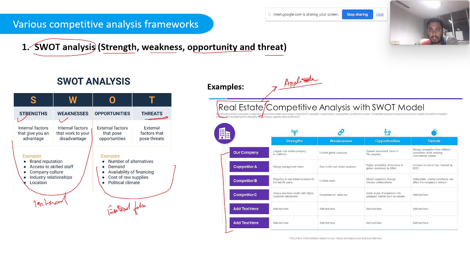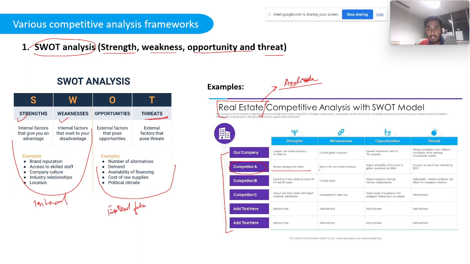Now, see, competitor A's strength is that they have a strong management team. That means managing business information and data provided by customers in their portals will be easy, which is the internal strength for that company.